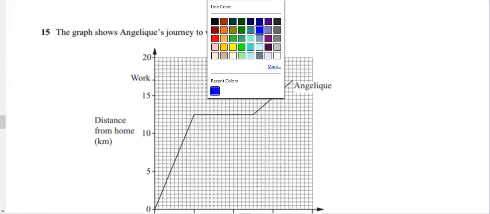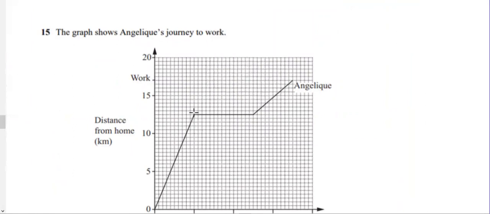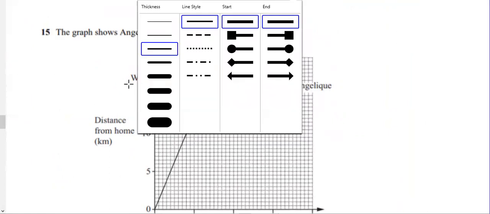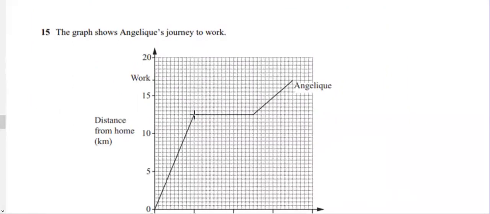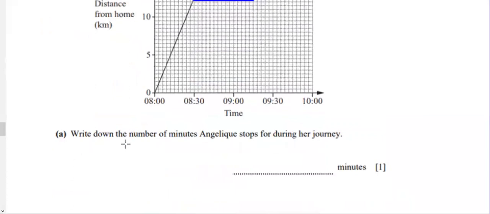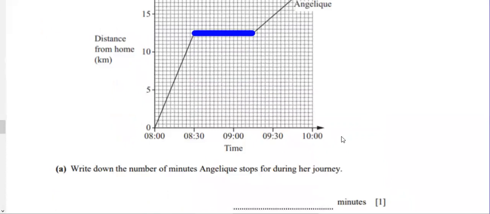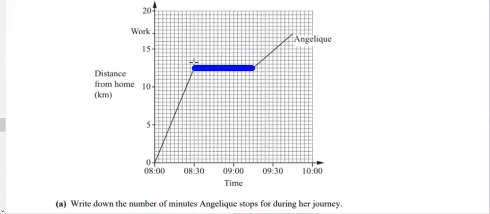The part which shows that Angelic was resting is this part which is flat. At this point here is when Angelic was resting. So we are supposed to work out for how long Angelic stopped.